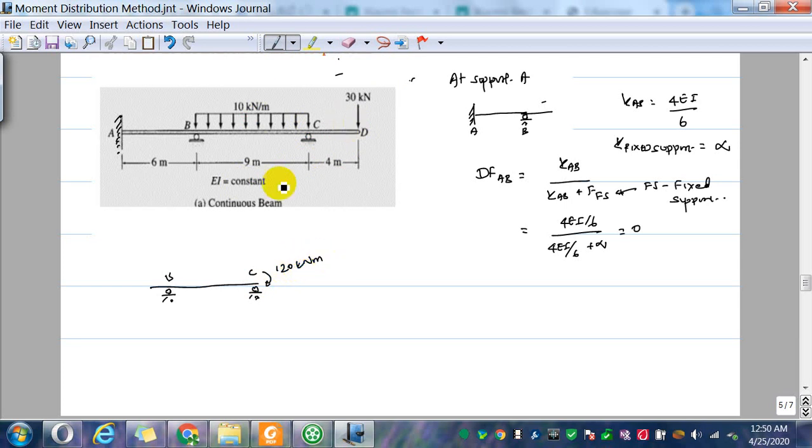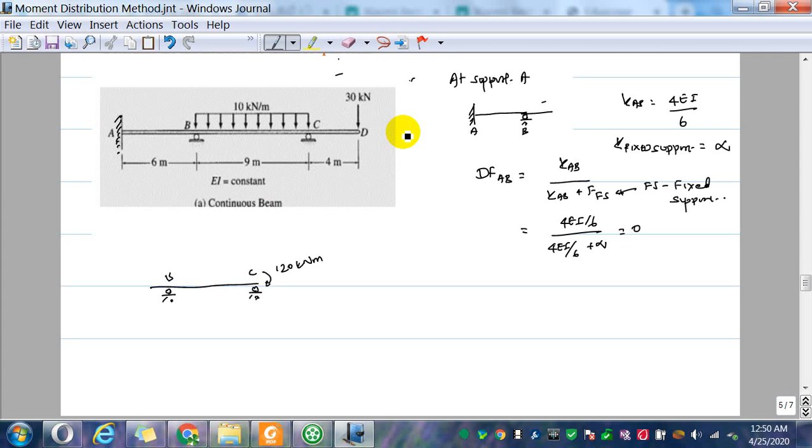Now, with a moment acting like that, C becomes a far end pin, because we have removed the CD component and replaced it with the moment. So C is a pin.